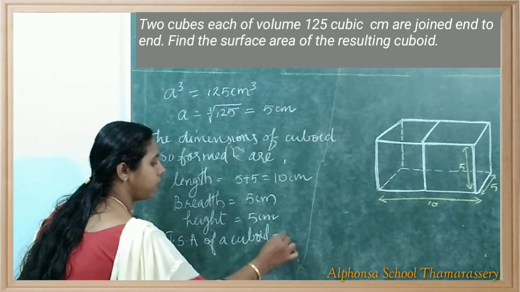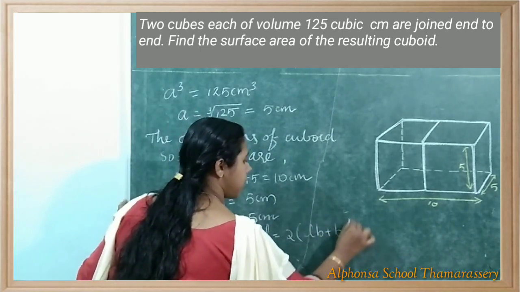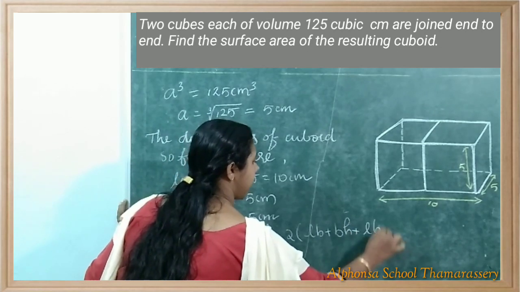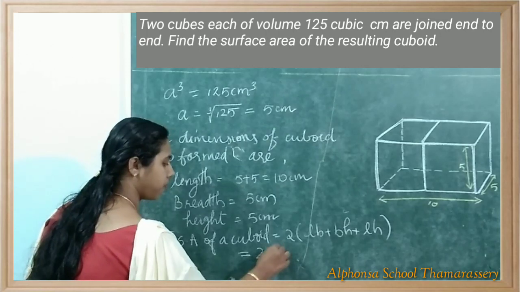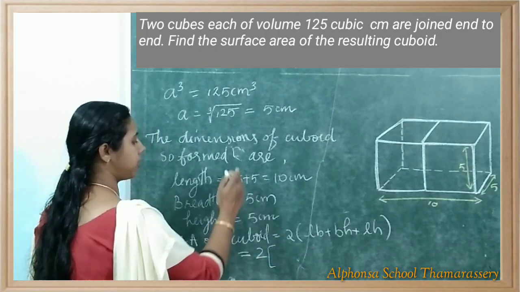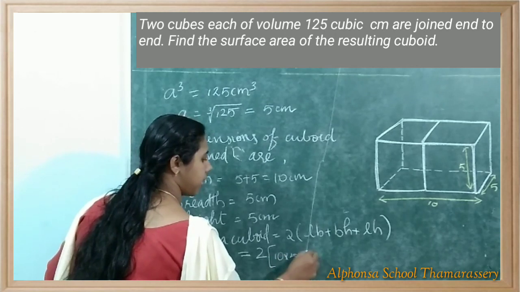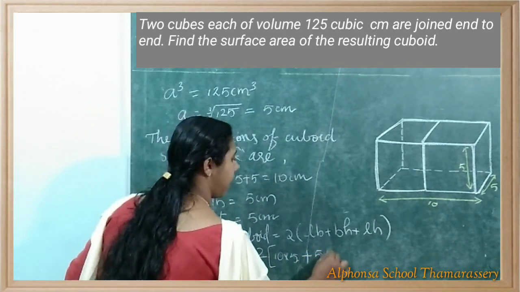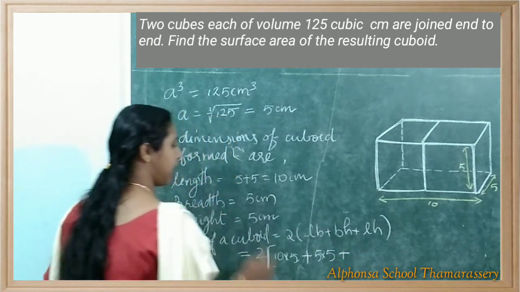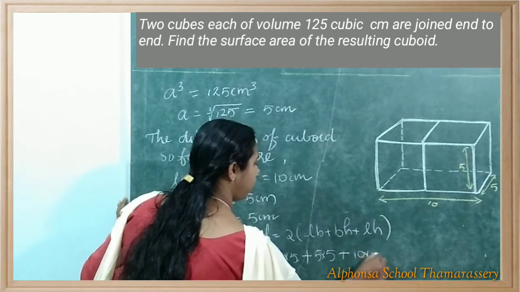It is equal to 2 into length into breadth, 10 into 5, plus breadth into height, 5 into 5, plus length into height, that is 10 into 5.